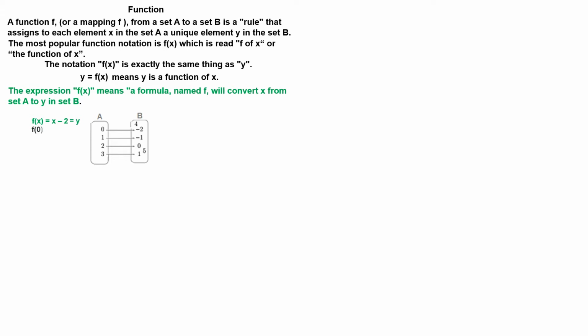When we write f of 0, we mean apply the rule f to the number 0, and the rule is subtract 2. When we write f of 1, we mean apply the rule f to the number 1, and the rule is subtract 2.